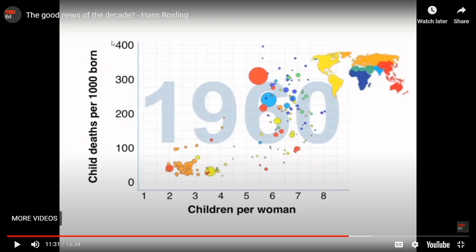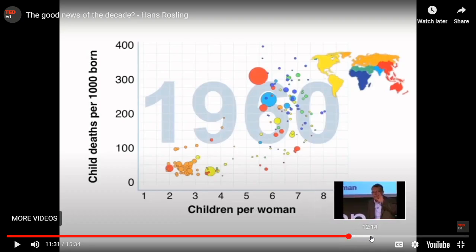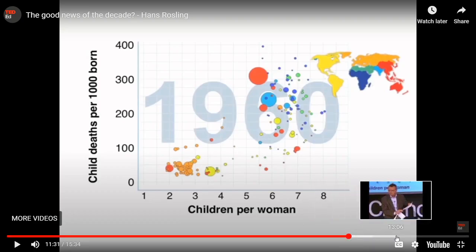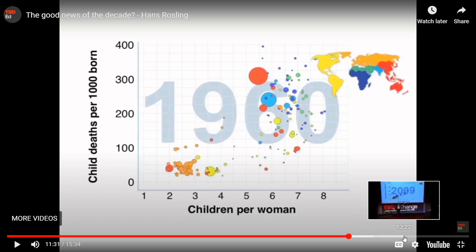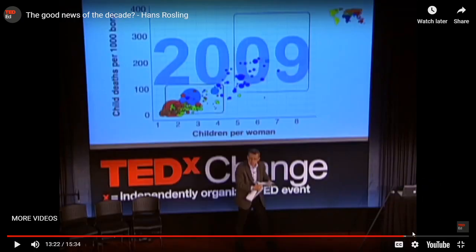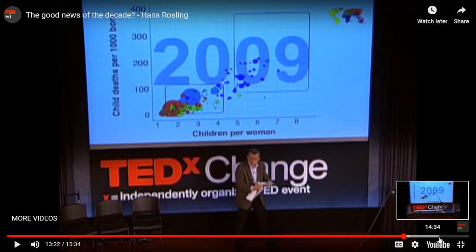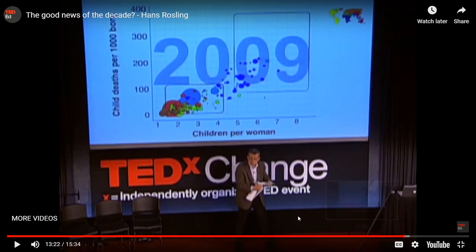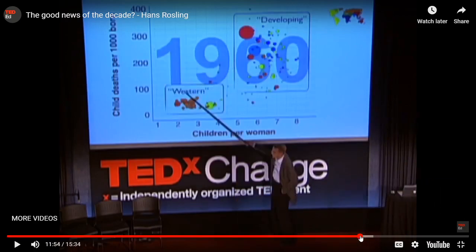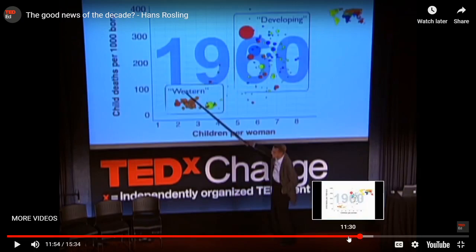So the higher the child deaths, the higher the child mortality rate. The lower, down here, is a low child mortality rate. And then he plays a video to show what happens when women have less children.